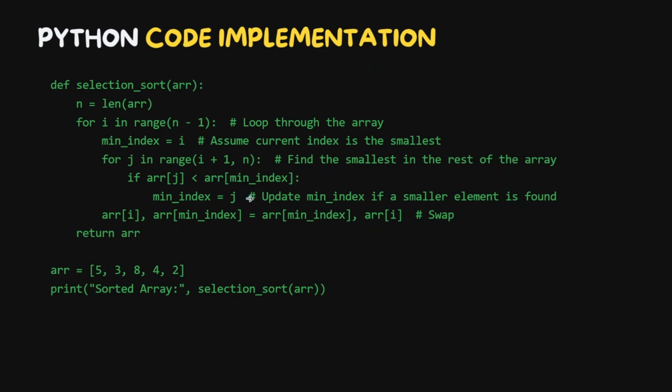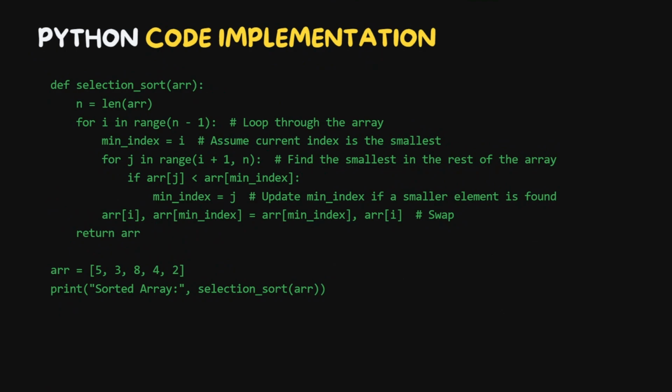If we find a smaller element, we update min_index. In step 6, array[i], array[min_index] = array[min_index], array[i]. In this, we swap the smallest element found with the first unsorted element. Finally, the function returns the sorted array.